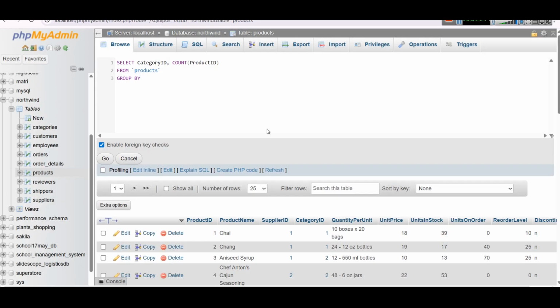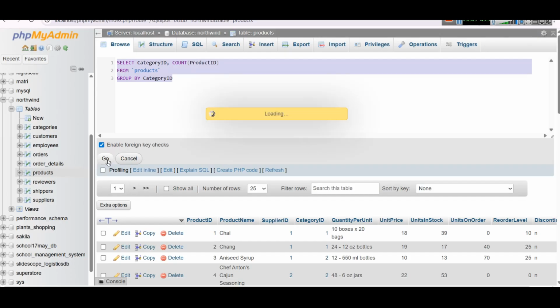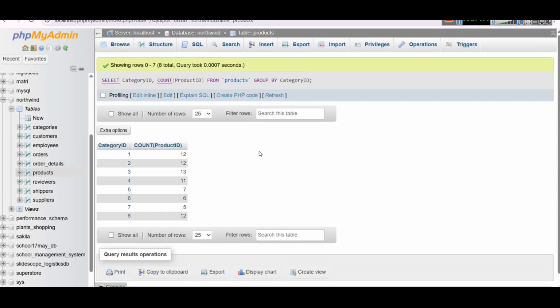Just write category ID, because this is not aggregate, right? So we will write this. When you get the answer, it shows you that category ID 1 has 12, category ID 2 has 12, and so on.